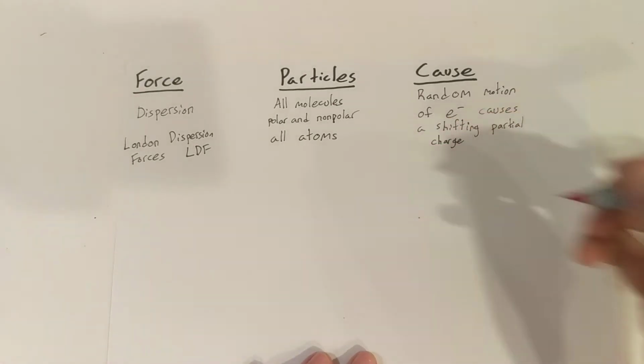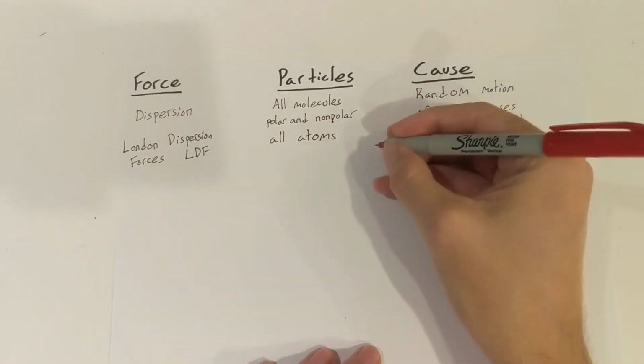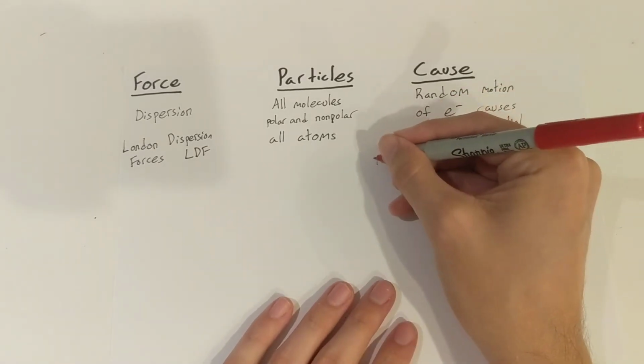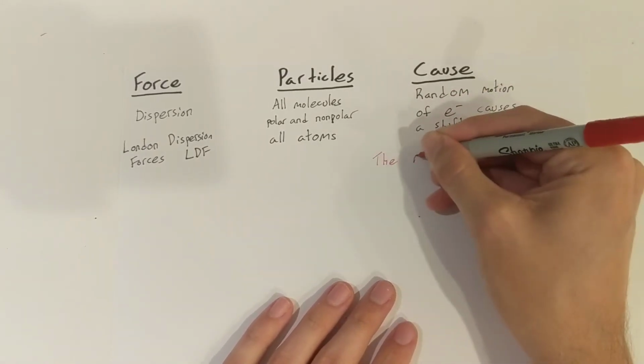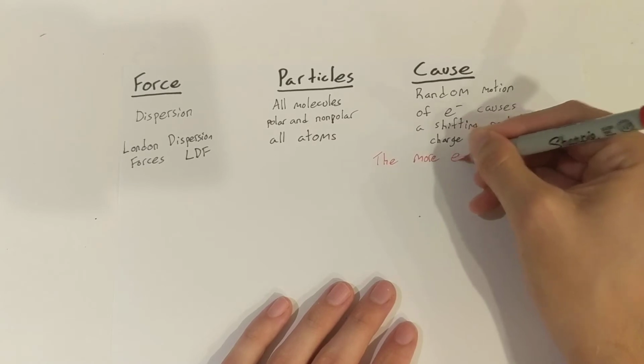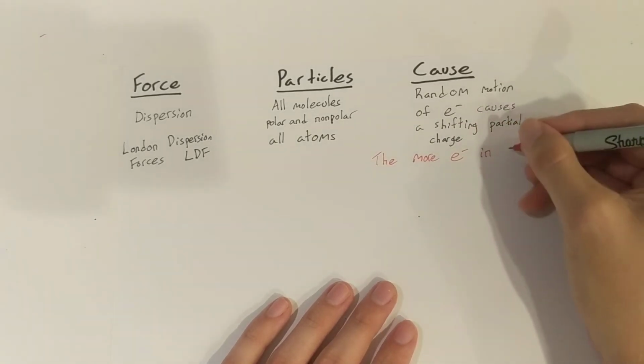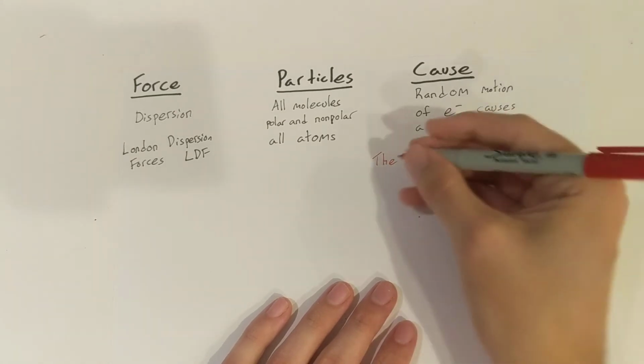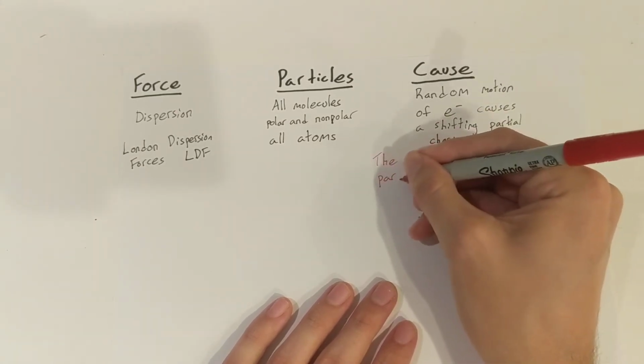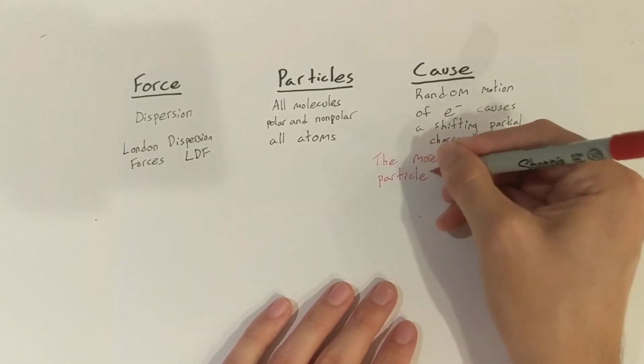So I'll write this in red. The more electrons in the particle, because it could be an atom or a molecule, so I'm just going to use the general term particle.